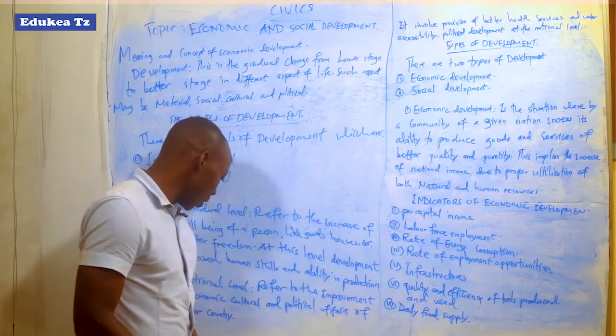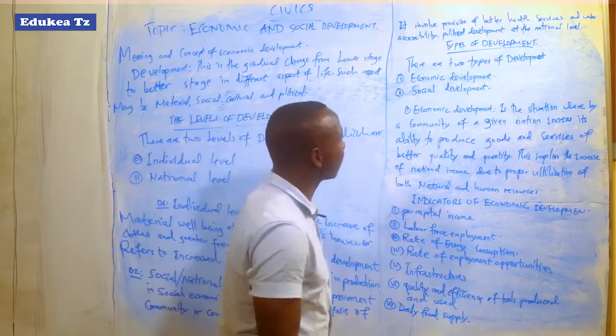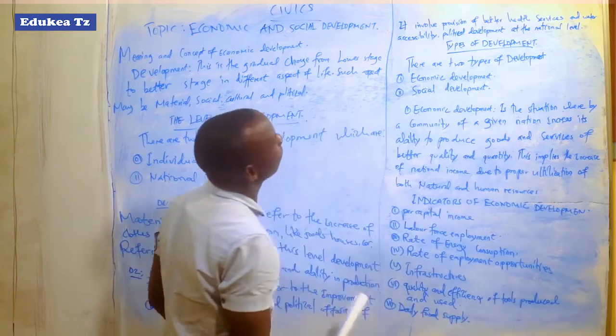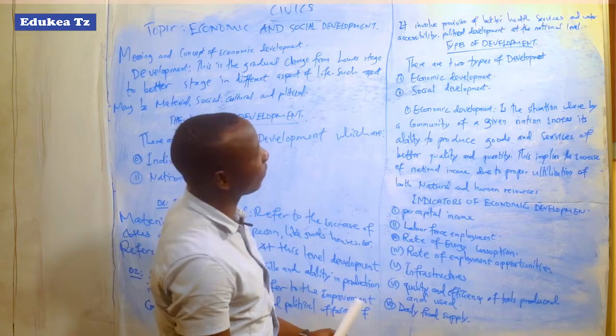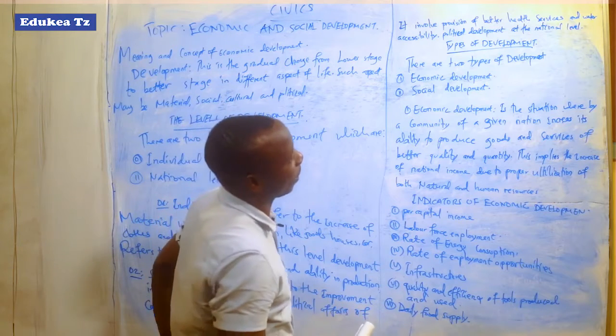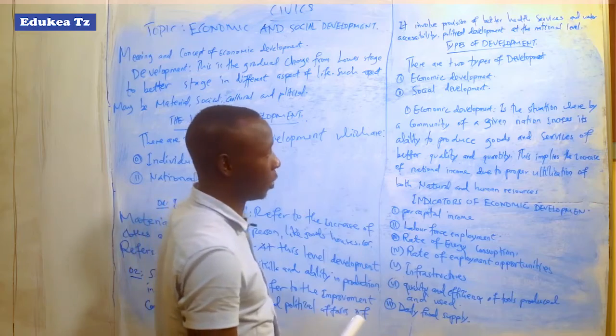By looking at this, we say that it involves the provision of better health services, water accessibility, and political development at the national level. This is all about the social and national level.